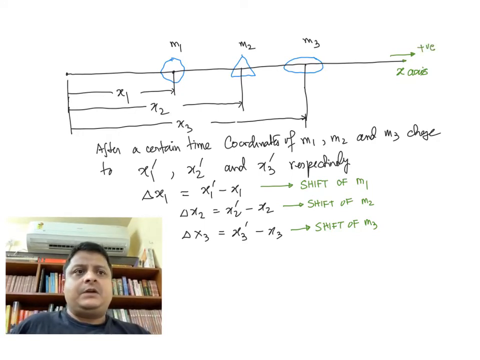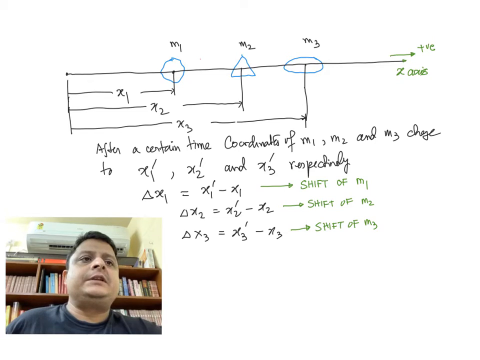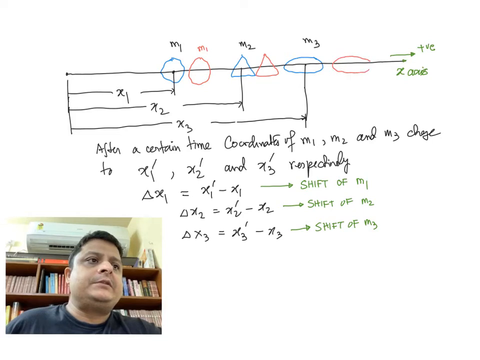Now at a later time, let us draw these bodies. Say m1 shifts here, m2 shifts here, and m3 shifts here.